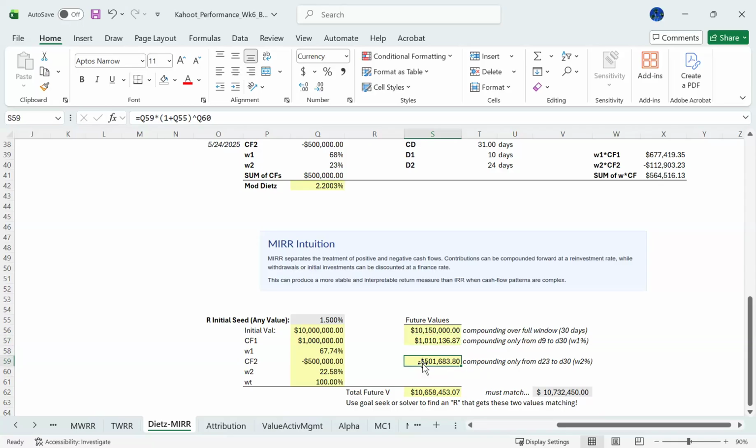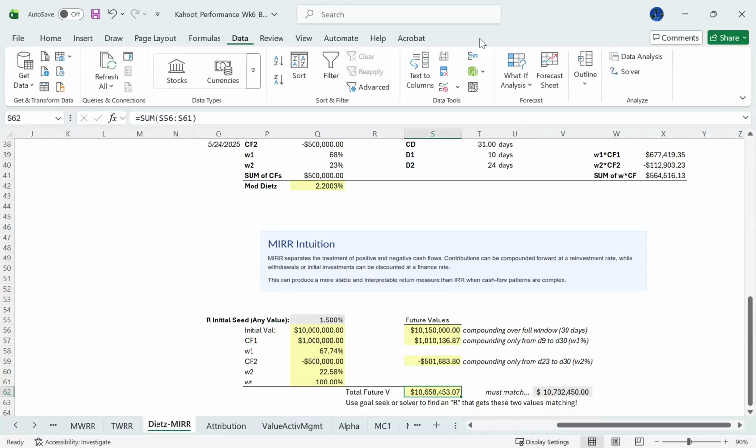So the sum of these three future values has to be equal to 10,732,450.